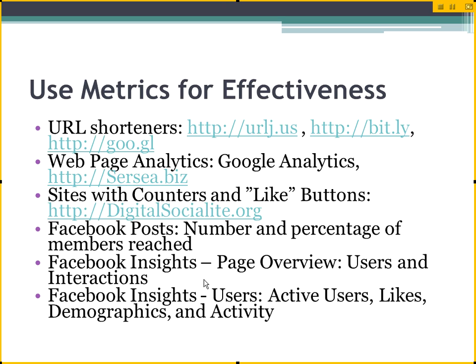So you can actually see a graph that tells you how many times that website has been accessed. So whenever you post a link, whether you send it by email or you put it on a Facebook post, you get to see how many times it was accessed, when it was accessed, who accessed it.